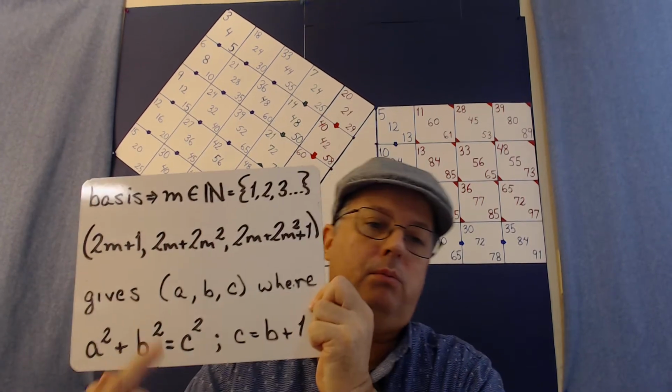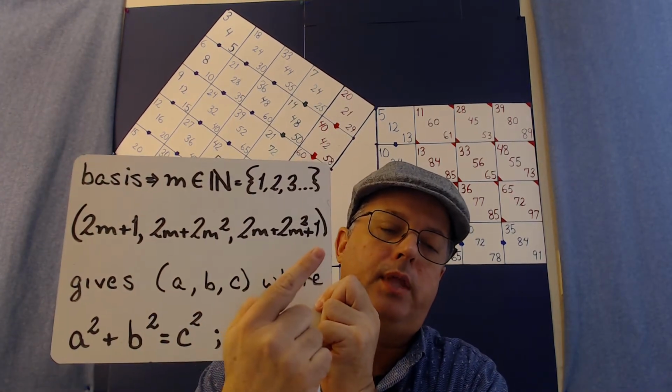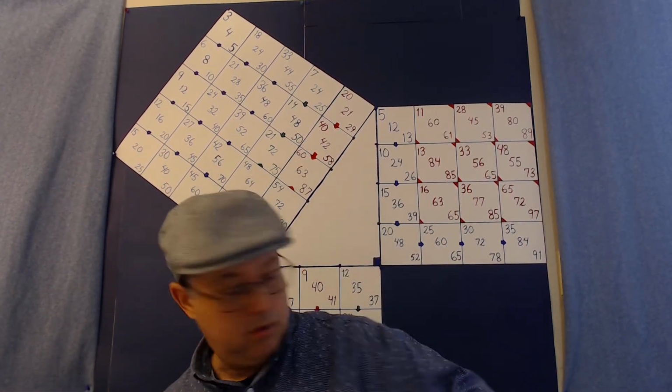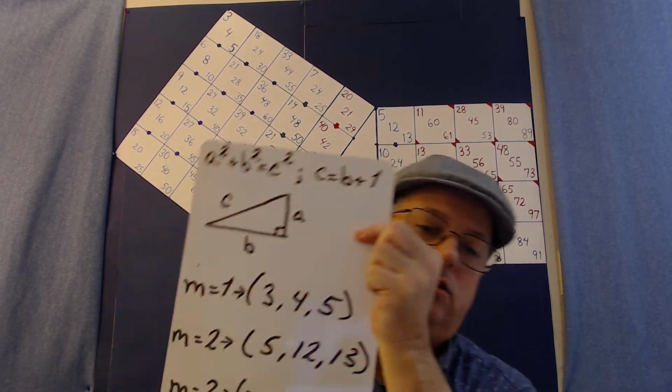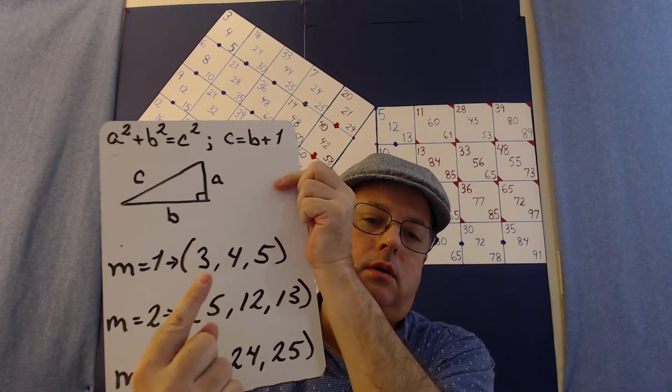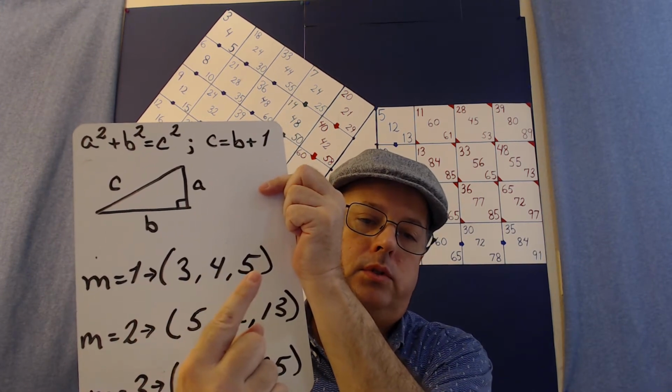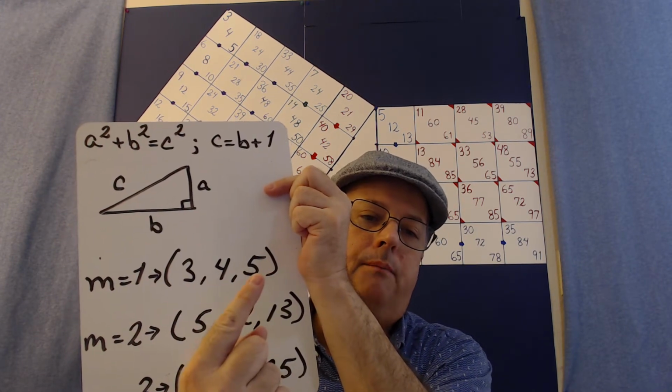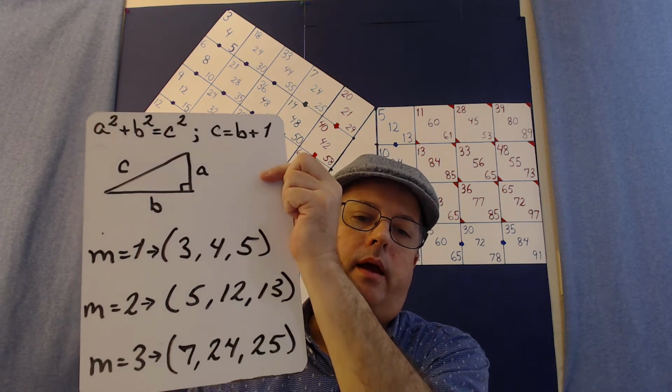So this formula for generating Pythagorean triples, like these in our list here, is working so far, because we have odd numbers here for A and for C. That's what we're making here, A, B, C combinations.